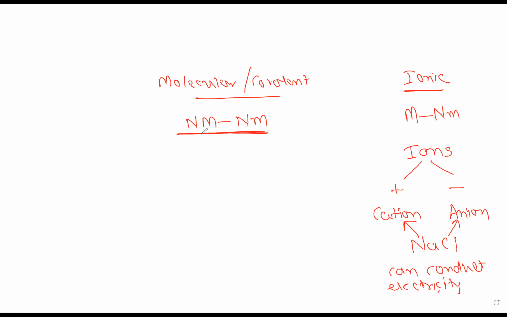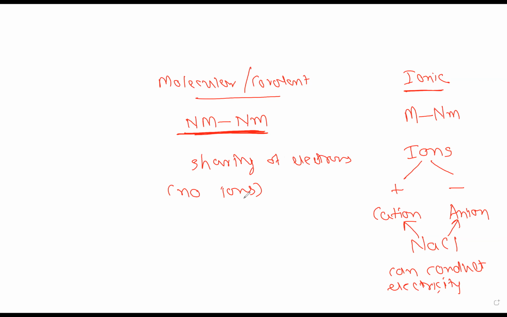For molecular compound, it is always non-metal, right? How do they form? They just share electrons. If there is sharing, it means there is no ion. They do not form any ion.